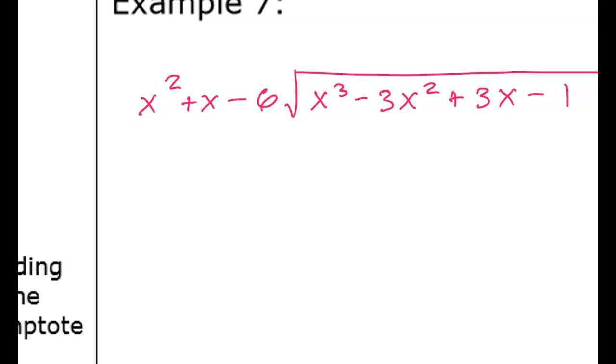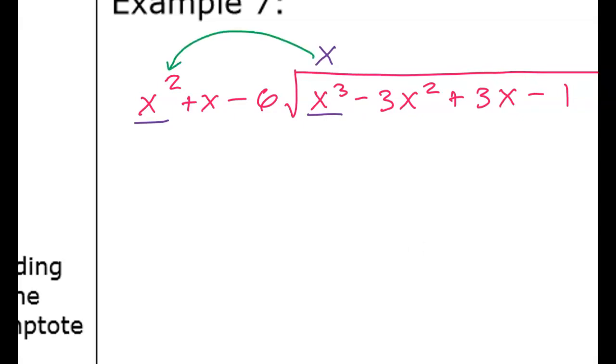Okay, so what you do is you ask yourself, what do you multiply the leading term x squared by to give you the leading term inside of the house, x cubed? X. Then you take that x and you multiply it back in.